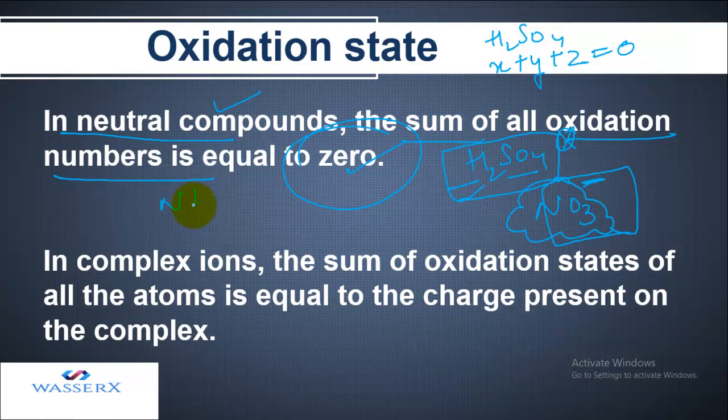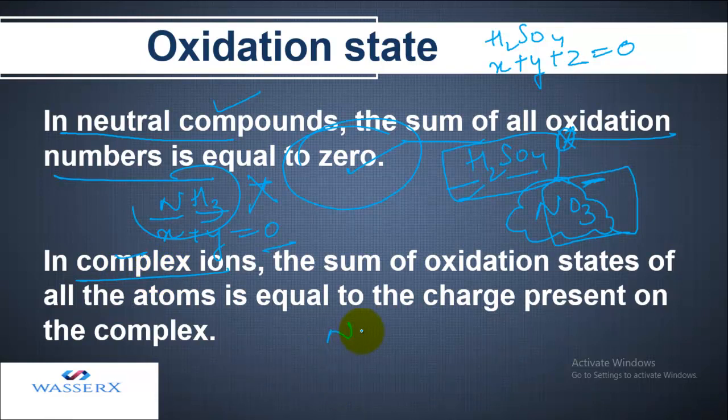Let's take another example. If I say I have a molecule NH3, right? So in this case, when we write the oxidation state for nitrogen and hydrogen and add up, we'll be equating with 0 because there is no net charge on it. But if we talk about complex ions, these are the ions in which the compound bears a certain charge.